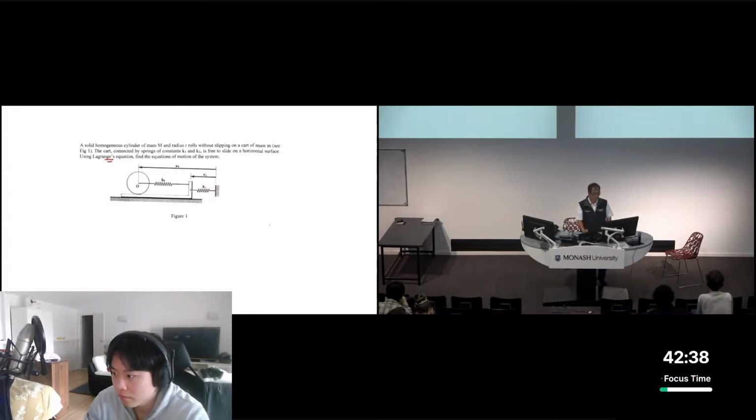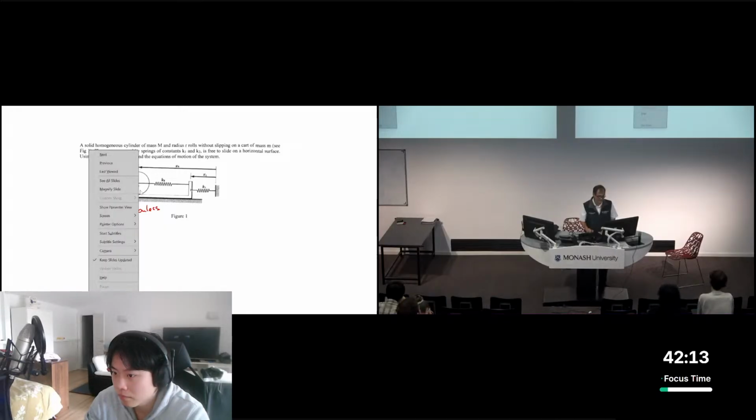We'll have another example where we use Lagrange equation to derive the equation of motion of this system. Here I have, let's assume that this thing here is frictionless, okay? I have this slider here, and this cylinder actually rolls on it, and let's assume that this has got a non-slip condition.